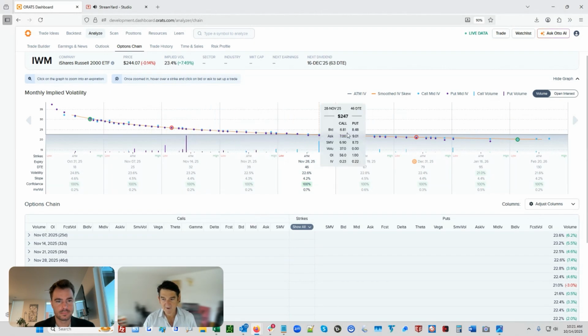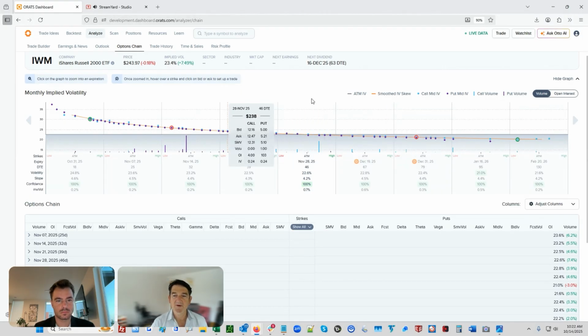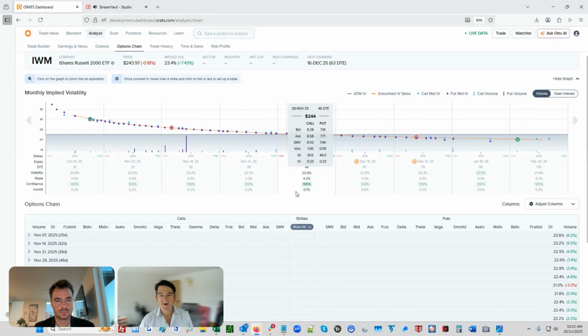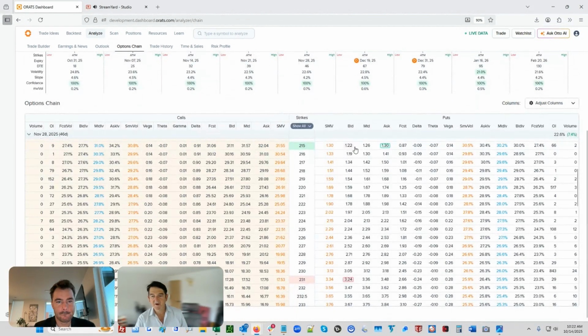You could see, it's right along the line, but some are above, some are below, and this is identified one that has a little bit of edge there, and then we could look at the individual strikes. So we're buying one. This is that one where we're paying the SMV, which is great, and we're selling.